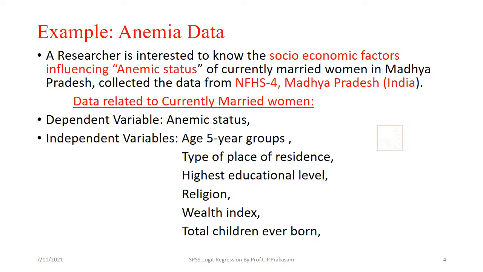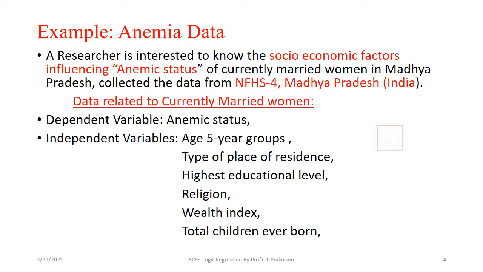Here is an example on anemia data. A researcher is interested to know the socio-economic factors influencing the anemic status of currently married women in Madhya Pradesh. He collected the data from a large survey, the National Family Health Survey in Madhya Pradesh.